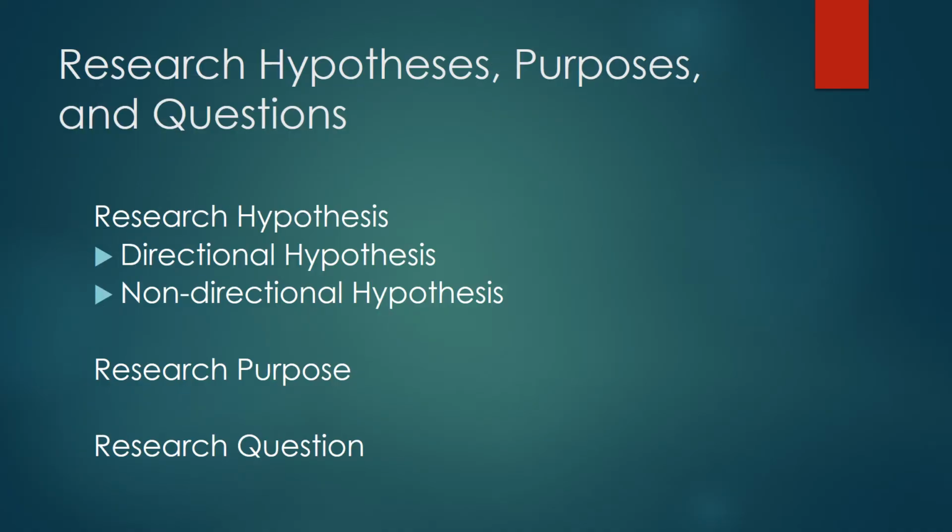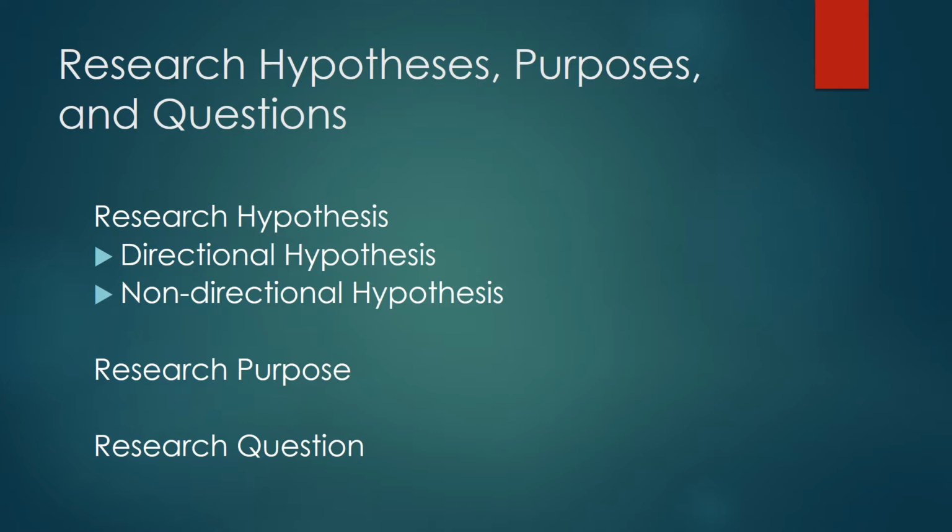All studies have a research hypothesis, a purpose, or a question. Remember, we mentioned these in the very first slide. A research hypothesis is a prediction of the outcome of a study. This prediction can be based on an educated guess or formal theory.